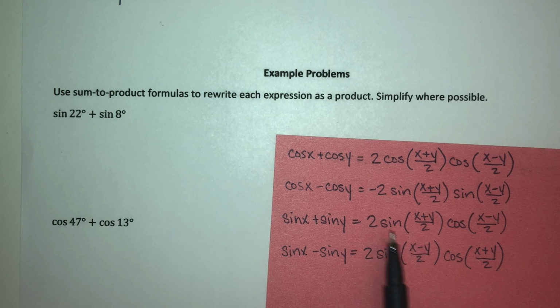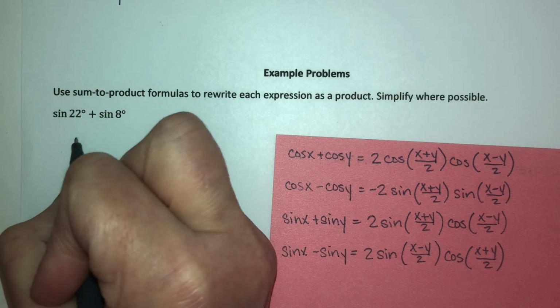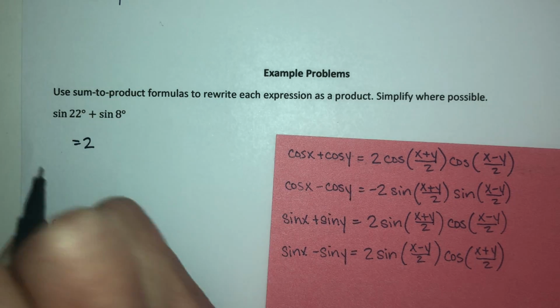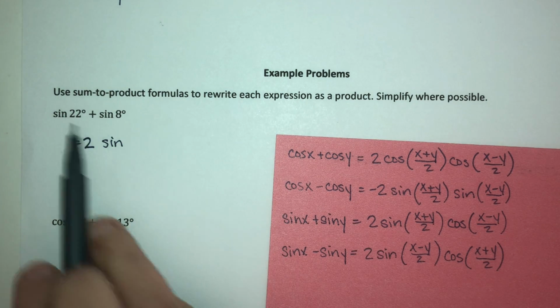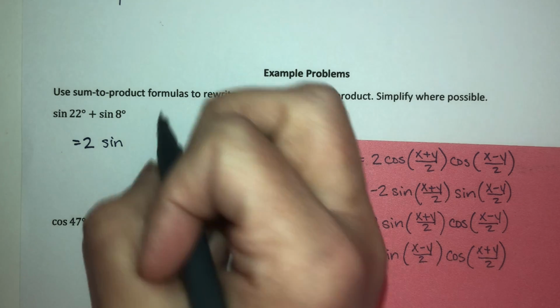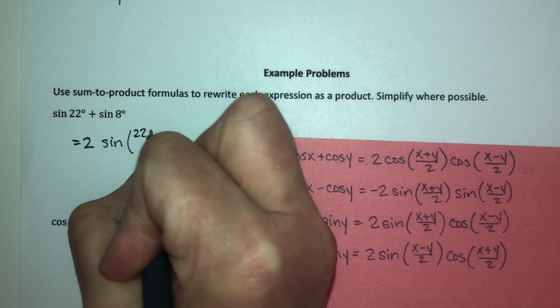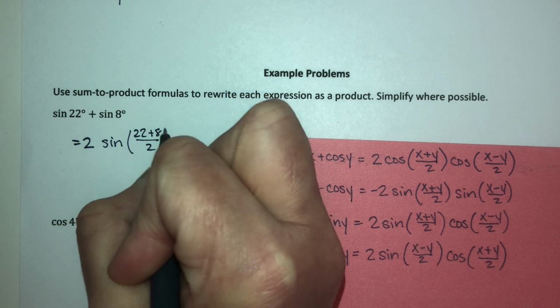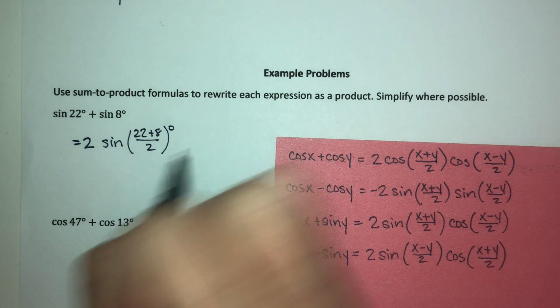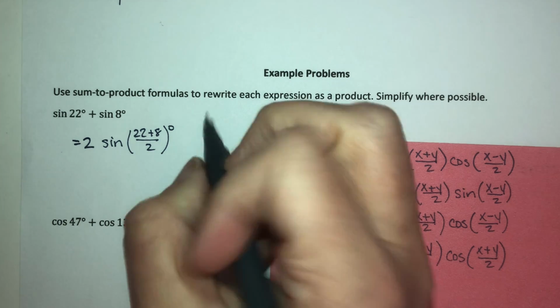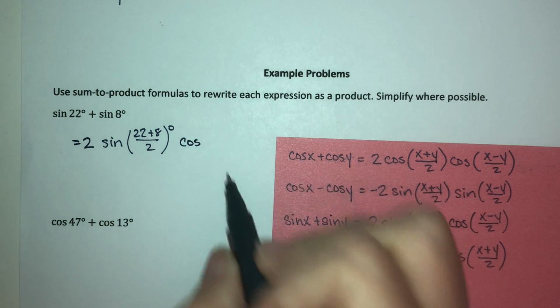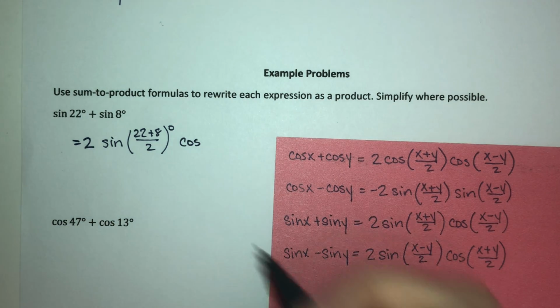So this will equal 2 times sine of the average of these two, add them together and divide by 2, times cosine of the midpoint between them, or you subtract the 2 and then divide by 2.